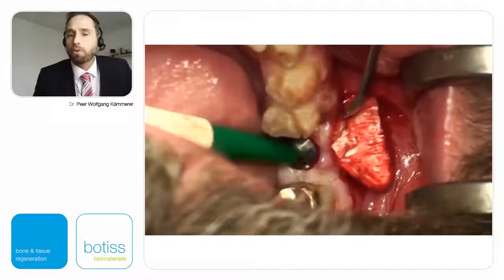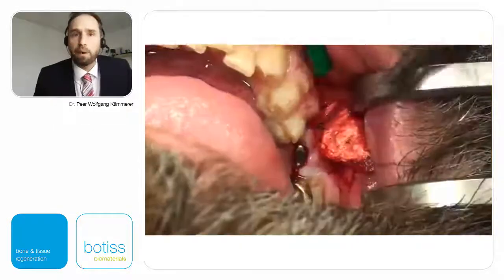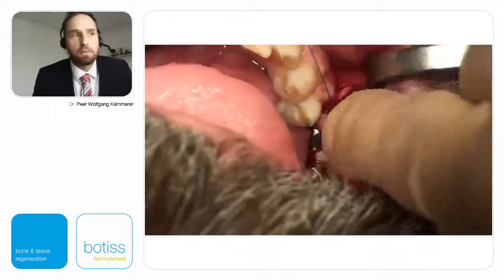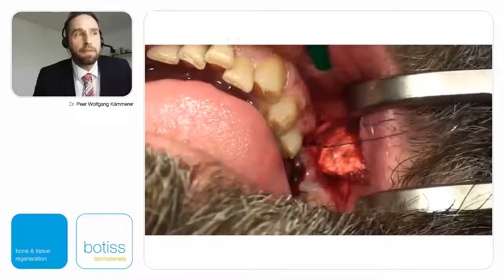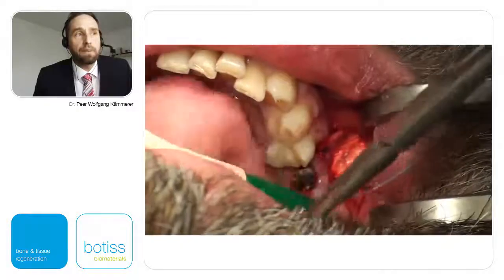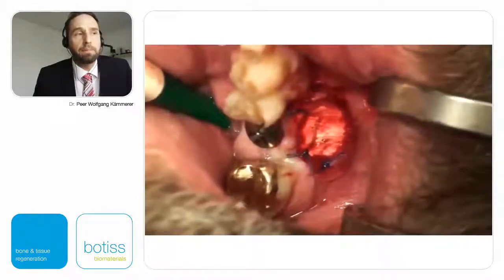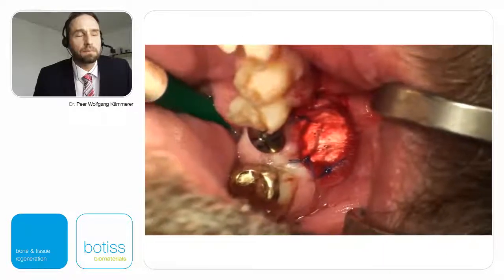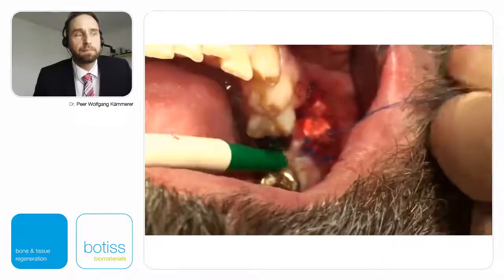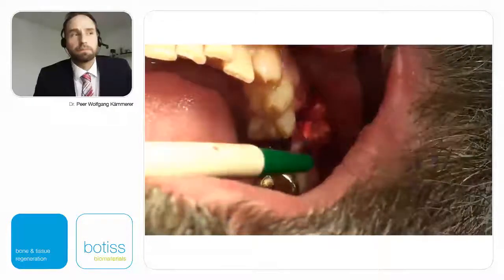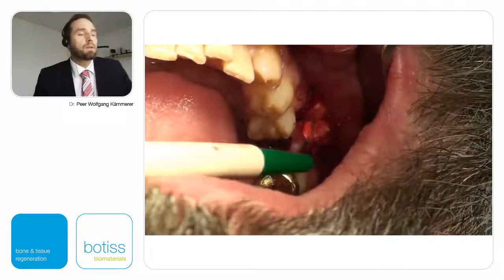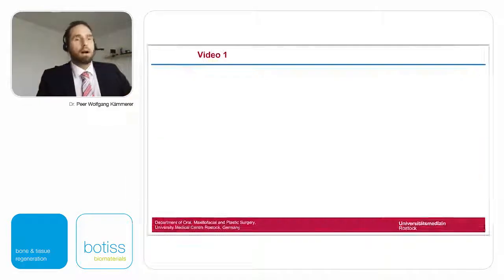We used the cover screw to fix it a little bit at this part. Of course, it's not needed, we just tried it. So now the sutures at the crestal area and around the membrane. No sutures here. So that's it so far.